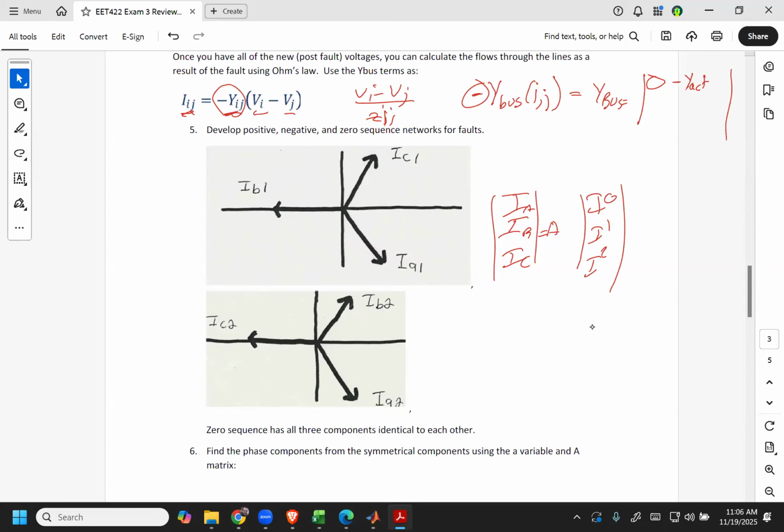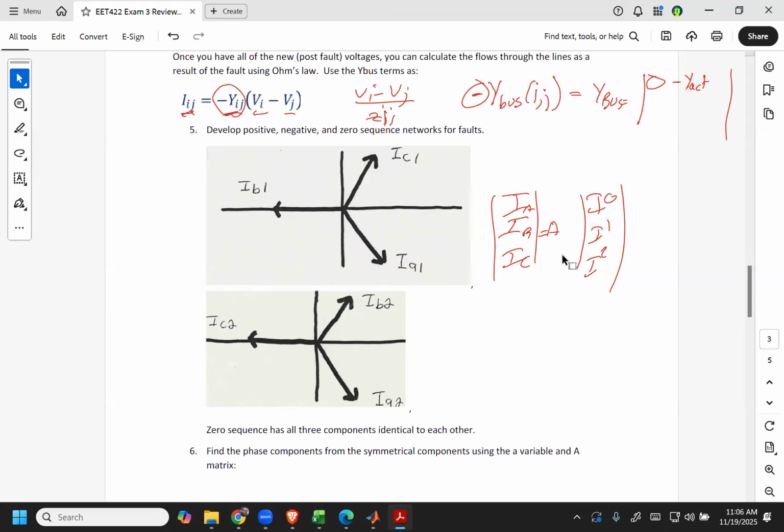You can't put the sequence networks together in such a manner to derive I0, I1, and I2. You have to get them from the phase currents, which is not a big deal. That's what the relays do all the time. They don't necessarily know what the system is. They're just calculating those values, but they still need to be calculated. So we'll use symmetrical components because a lot of the relays are set that way.